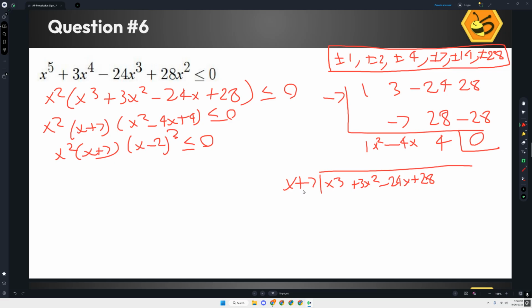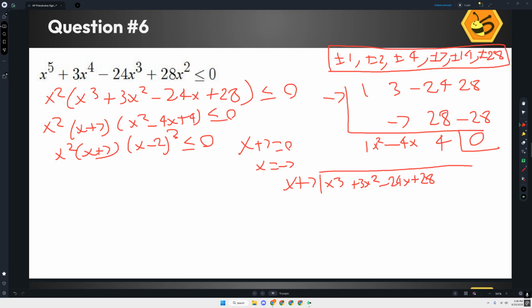You just set x plus 7 equal to 0, x is equal to -7, and you just divide and multiply. Synthetic division only works with binomials, yes. You can do synthetic with larger degrees, yeah. You can just keep going.